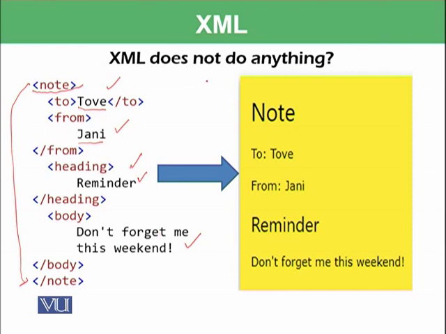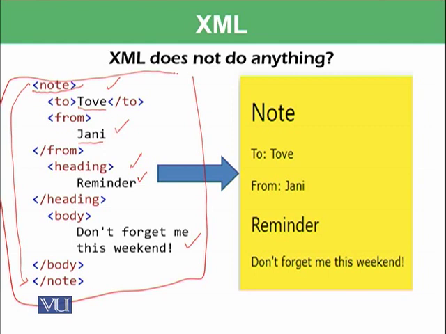So this is basically code, and XML does not do anything based on this code. If you put all of this code in a web browser, the web browser will not understand it as it understands the HTML tags.